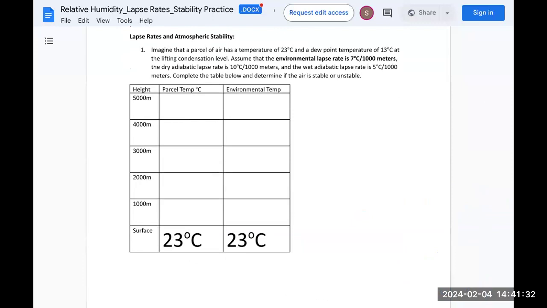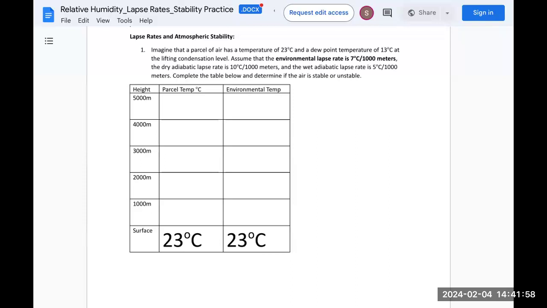We already did the environmental lapse rate, but be sure and read the question. It's not always 6.5 degrees C. That's an average. It's very much situational depending on where you're at. Sometimes it can be 7, sometimes it can be 8, sometimes it might even be as low as 5. But regardless, that is just the rate that the temperature changes as you go up in the atmosphere.